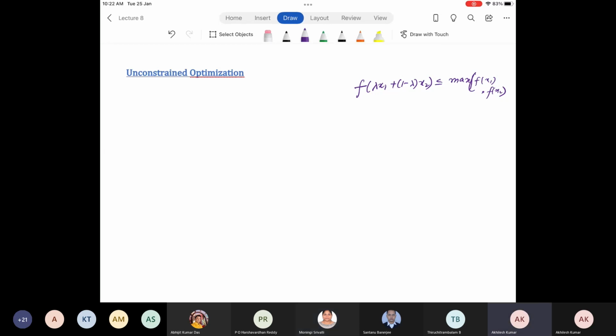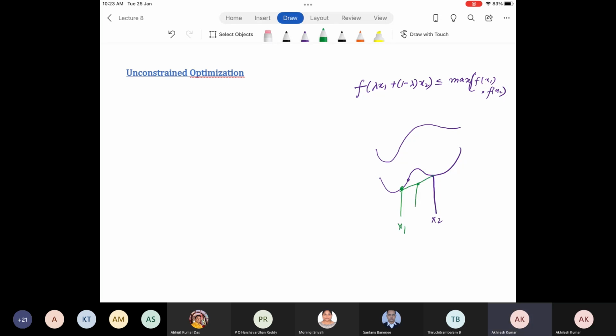See, suppose, let me show you a curve. Something like this. I take two points, x1 and x2 here.